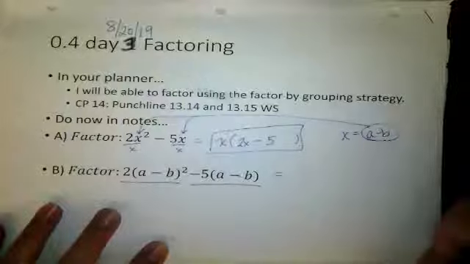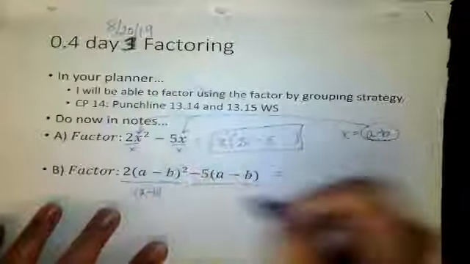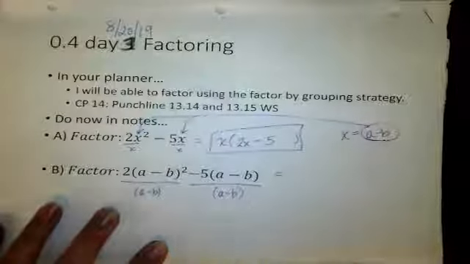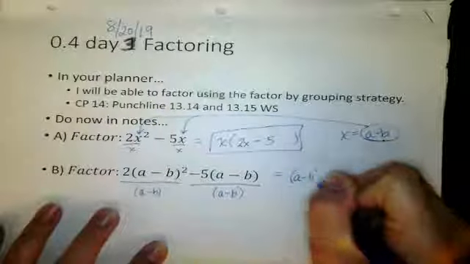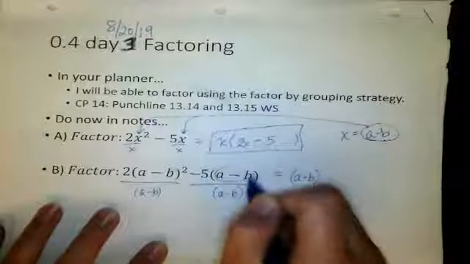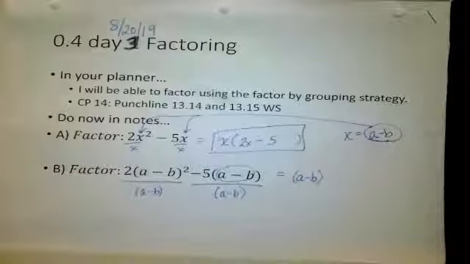What do they both have? The a minus b. Do they both have the a minus b? Yeah, so I can actually take out not only just a variable like x or y, but I can find the GCF of the whole group. They have a common factor of a minus b. They both have the a minus b.